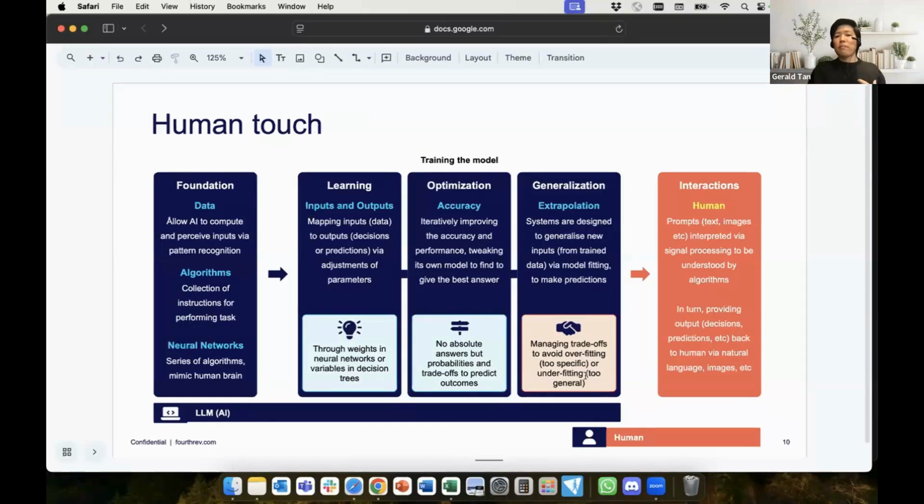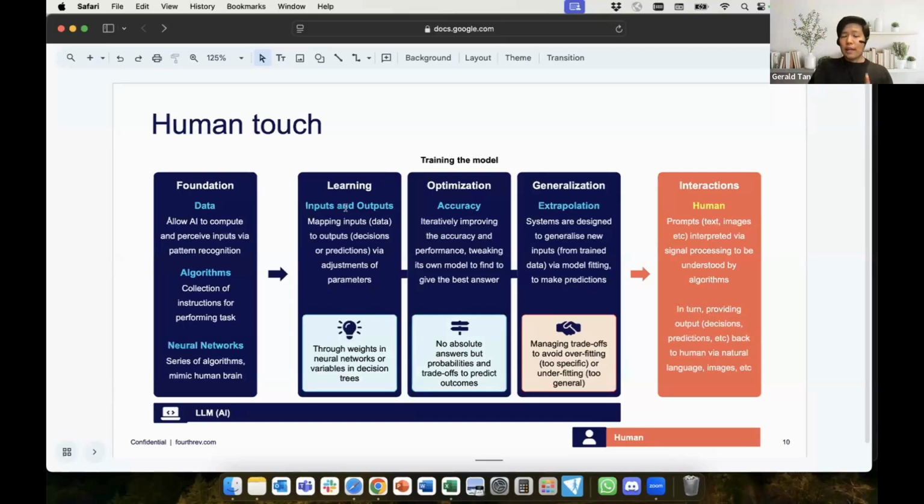So both models are not really useful because imagine if you need precision, both of those will give you the wrong answer. So as humans, what we get out of it is great. We get some really good output. Usually it's in the form of decisions or predictions, or even comes back as text, images, video, audio, or a combination of those. So all of this happens in an LLM, and that's where us as humans interact with it.